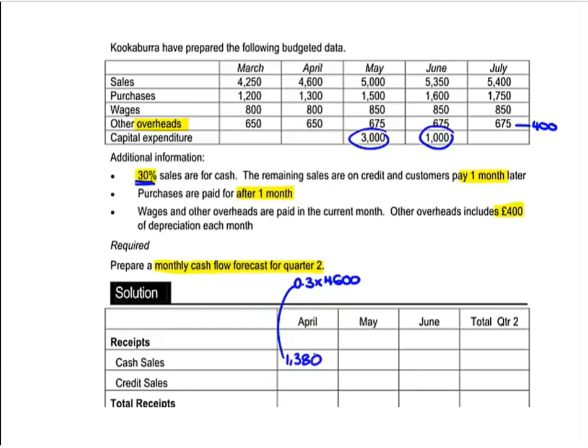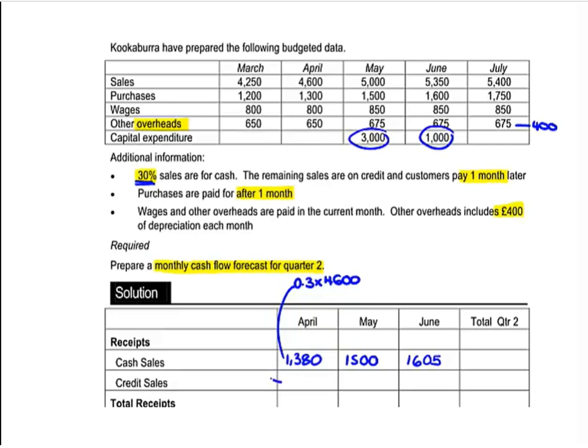Then we can do the same for May. 30% of 5,000, 1,500, and 30% of 5,350 is 1,605.